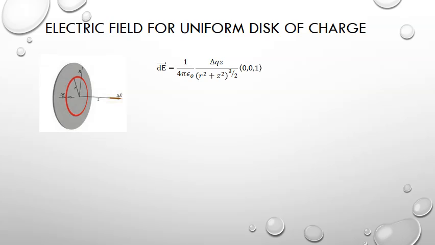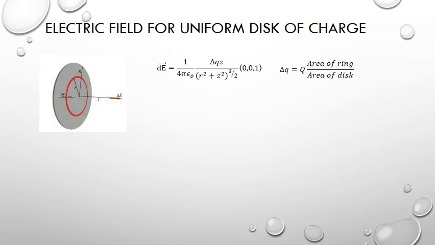And so to do that, I have to take out my formula for the electric field for a ring of charge, and then I've changed my Q here. It's now dQ, and that is the charge stored on this ring. So what we're going to do now is figure out what that dq is.